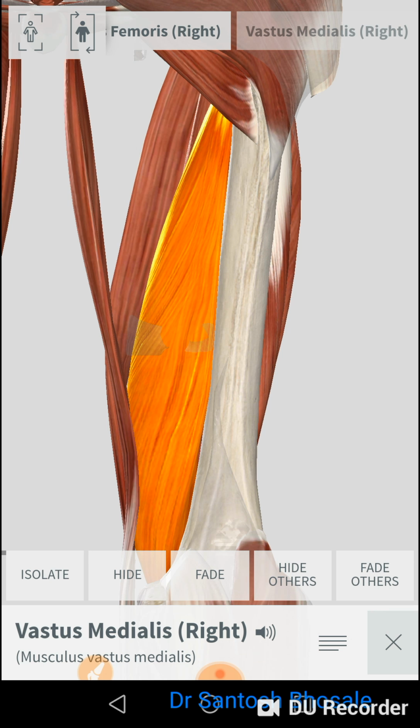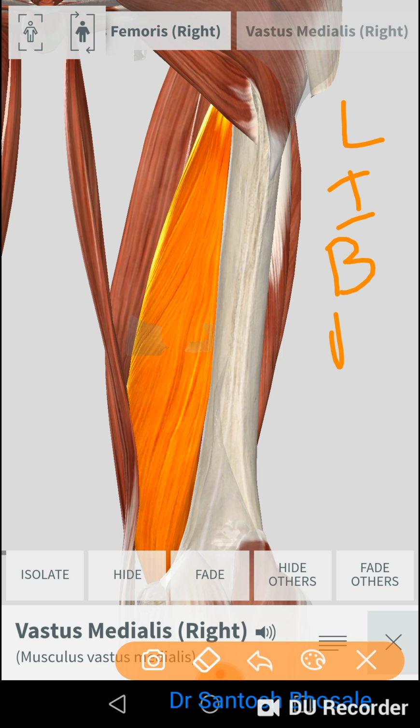So these are the attachments of the linea aspera from lateral to medial. You can remember it as "Love is bean and Mr. Bean loves me."